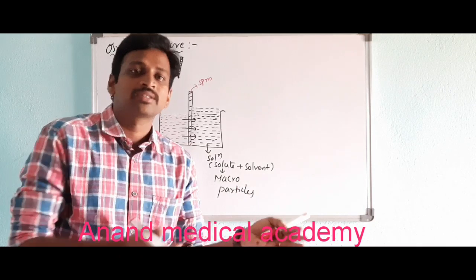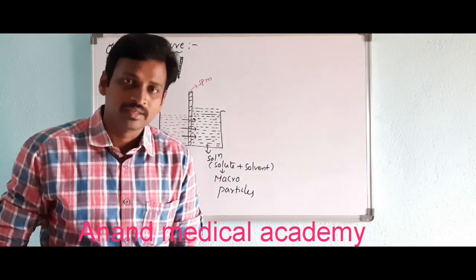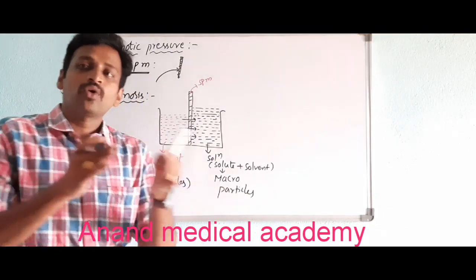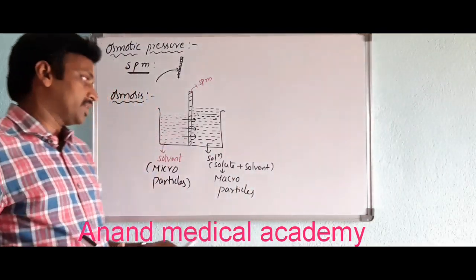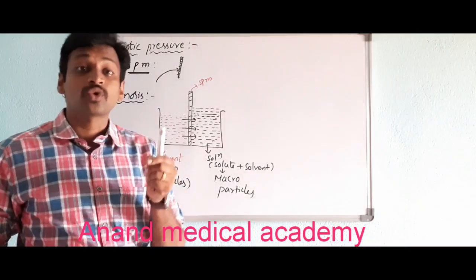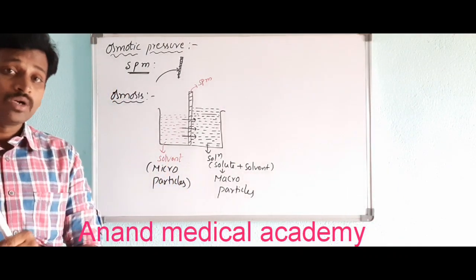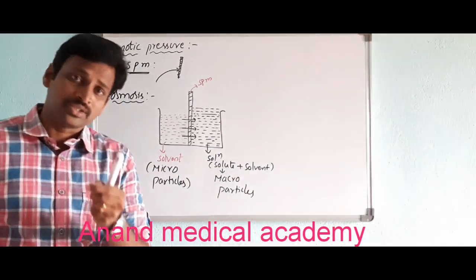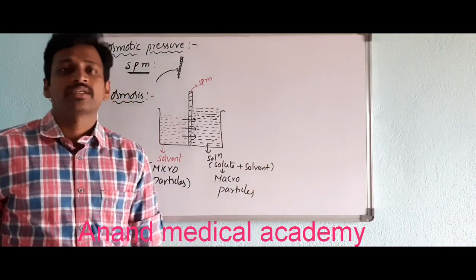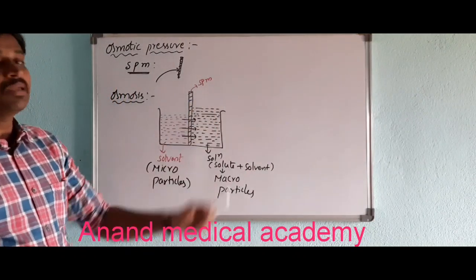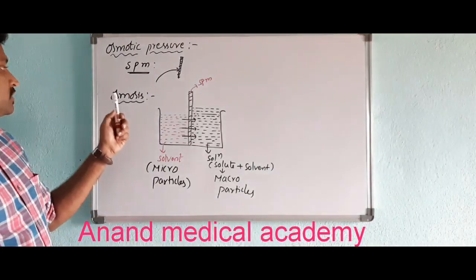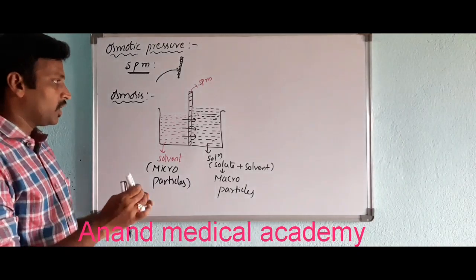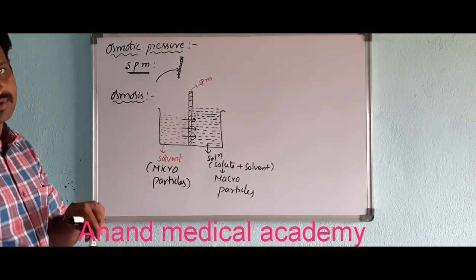High concentrated means somewhat less solvent. Certainly the flow of solvent takes place from low concentrated to high concentrated. So the flow of solvent from solvent portion to solution, or low concentrated solution to high concentrated solution, through a semi-permeable membrane is called osmosis. See what exactly osmosis is.